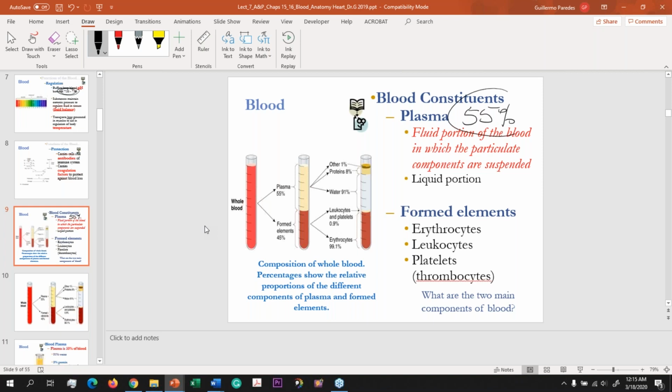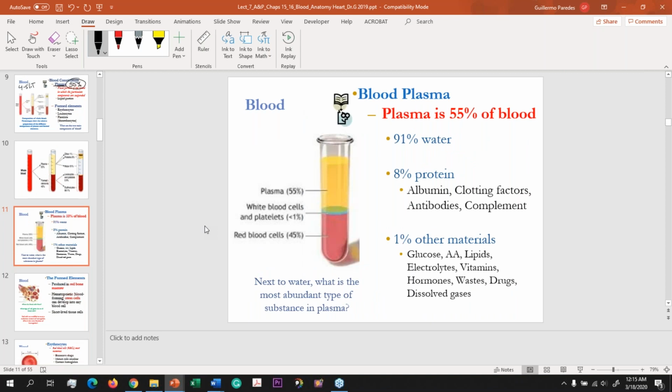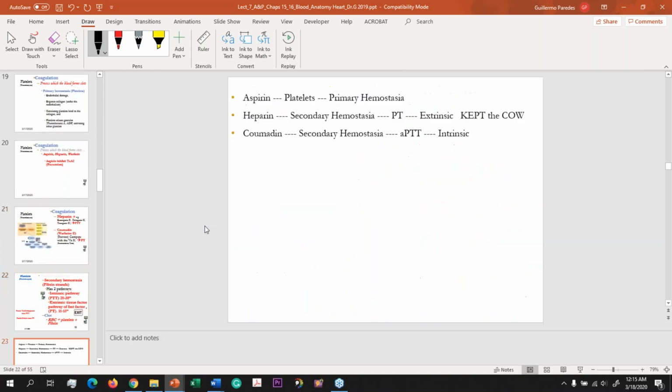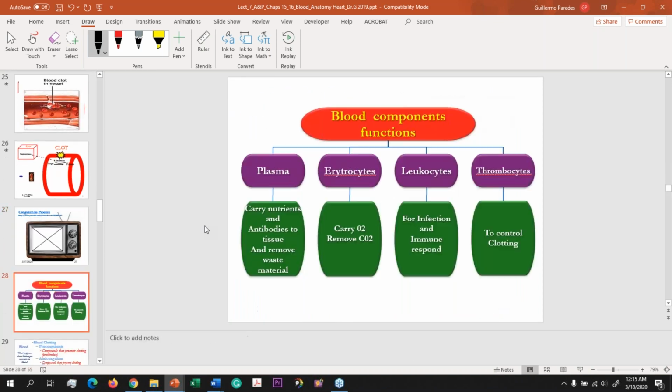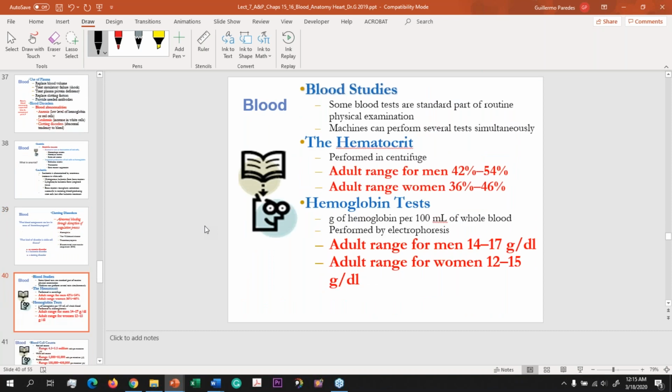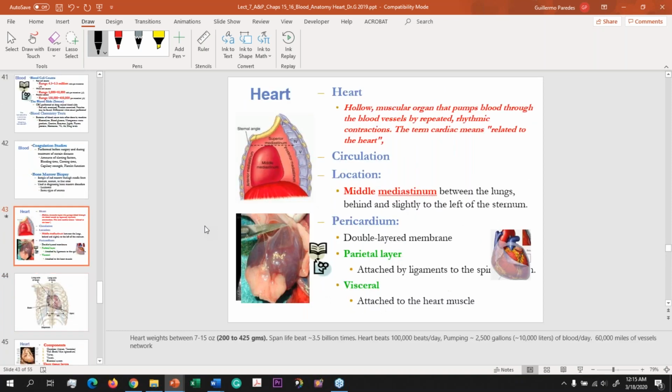How much blood do you have in your body? 4 to 5 liters. So 55%, more than half of the blood, is just plasma. You can see I'm not going to ask about the coagulation process.